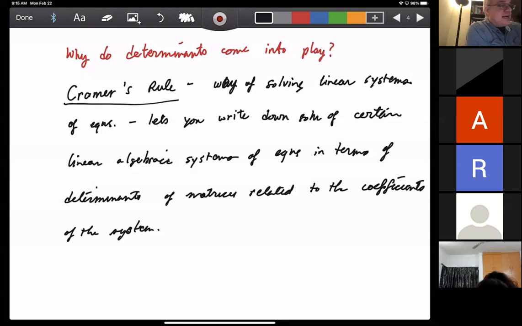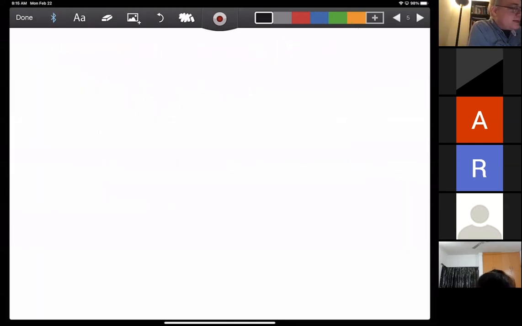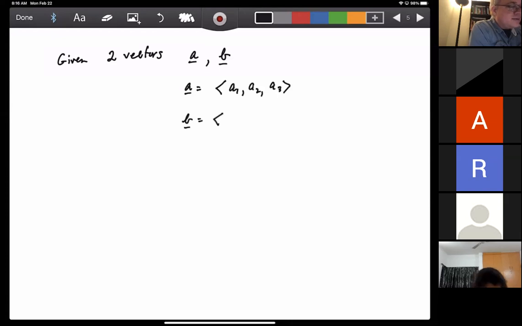And let's look at a problem that you might need to work on with certain vectors. So given two vectors, A, B, where A is equal to A1, A2, A3, B is equal to B1, B2, B3.